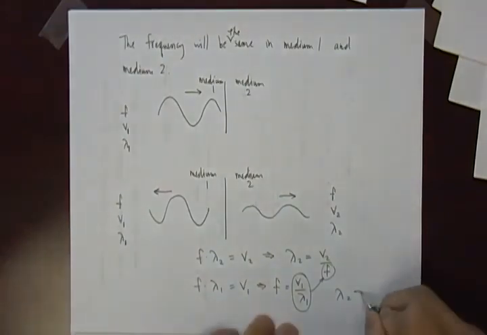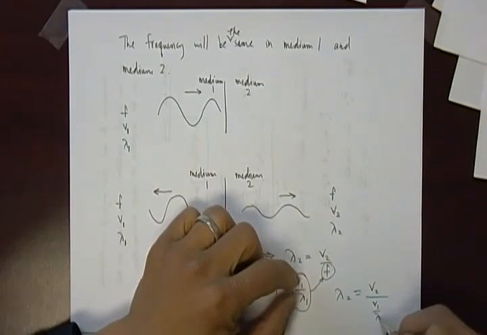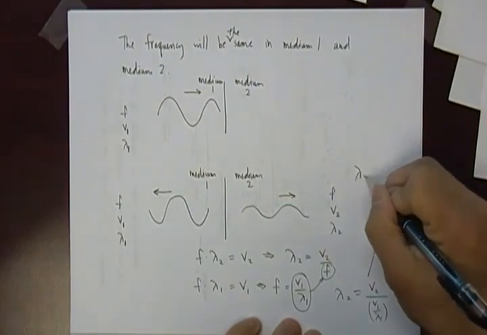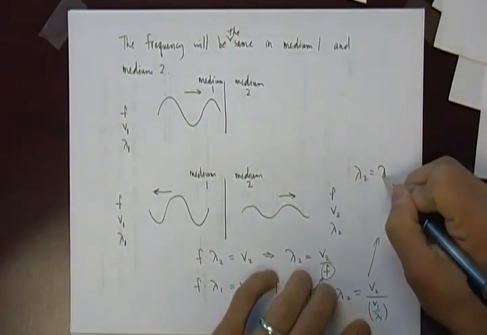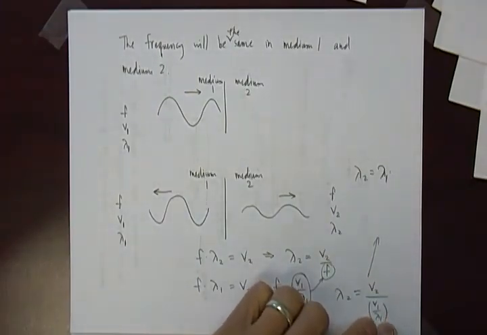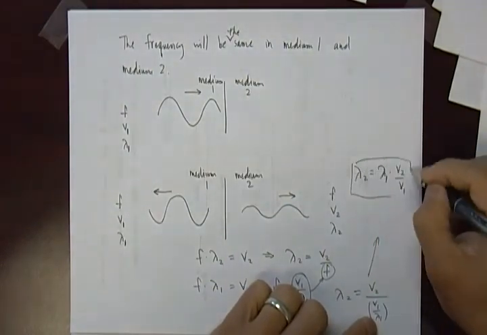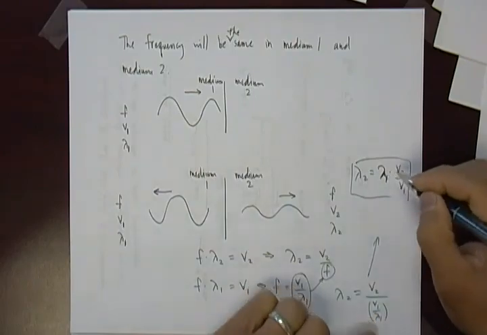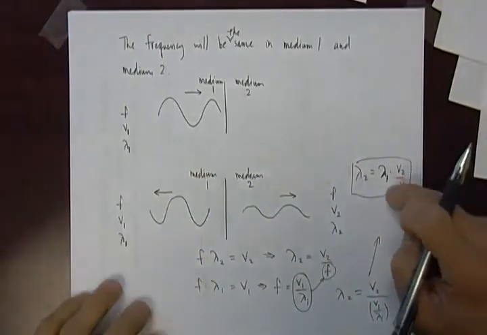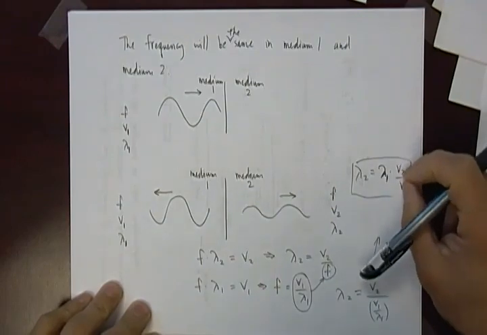So I'll have lambda 2 is equal to V2 divided by V1 over lambda 1. Or I can write this in a bit simpler way. Lambda 2 is equal to lambda 1 times V2 over V1, since lambda 1 came upstairs because it was in the denominator of the denominator. Okay? That's what will happen to the wavelength. So the frequency will remain the same on both sides, but the wavelength will change. It is just multiplied by a factor of the ratio of the wave speeds.